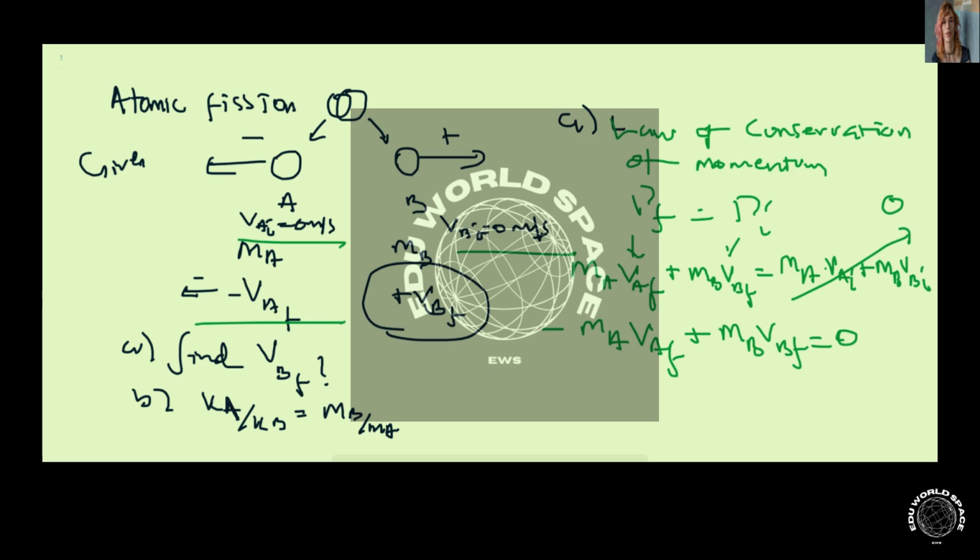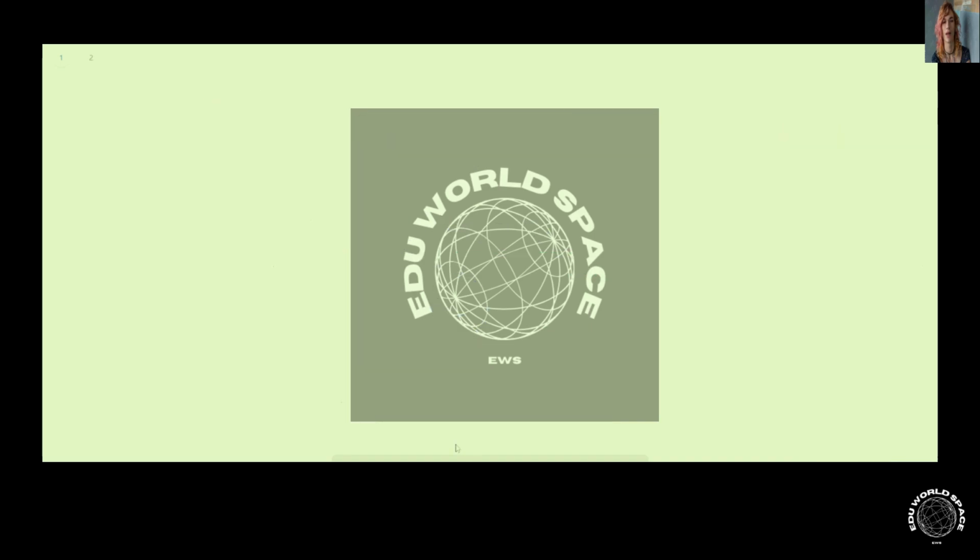And so solving for the final velocity of B, you get MA VA final over MB, which according to the way they want to structure the question, you could change to just the mass of A times the velocity of A over the mass of B. But just recall that this is final. It's the same thing. It's the final velocity. That's what happens in part A.